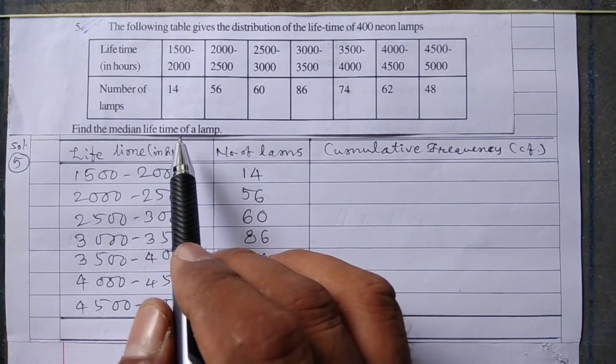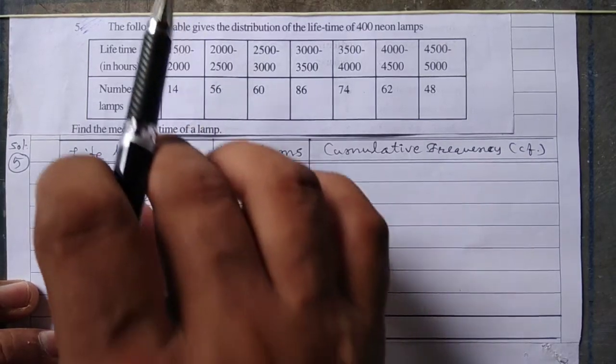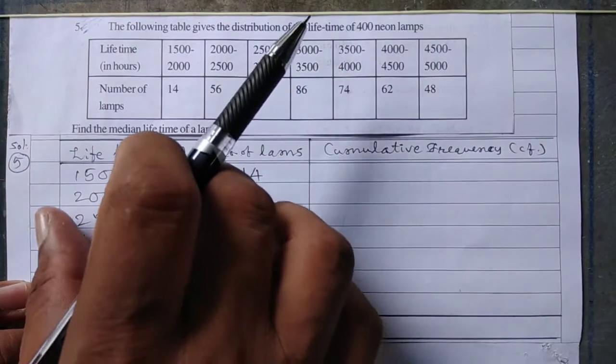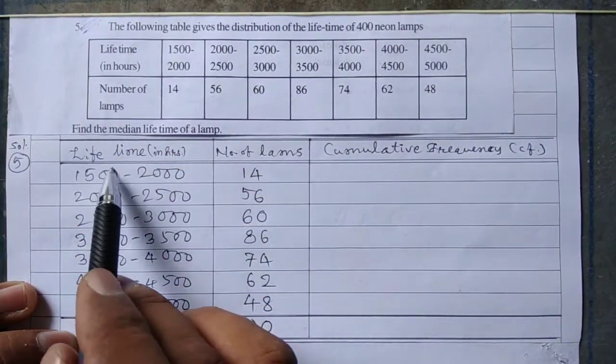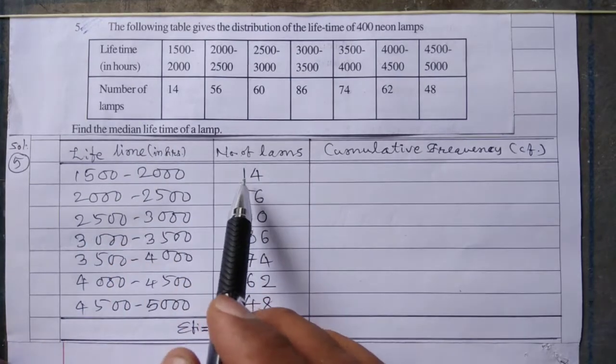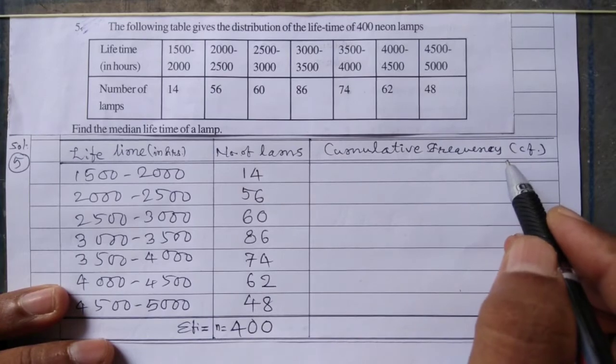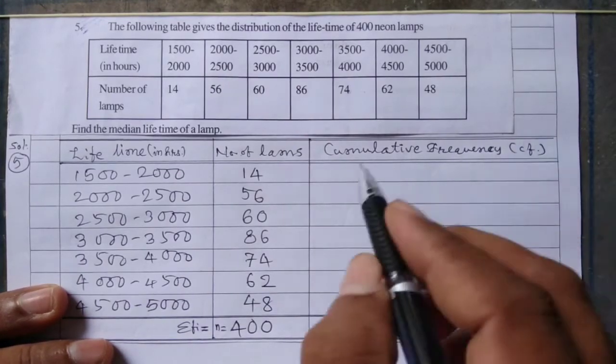To find the median lifetime of a lamp, first we have to arrange this table column-wise: lifetime in hours, number of lamps. After that we have to complete the cumulative frequency also.